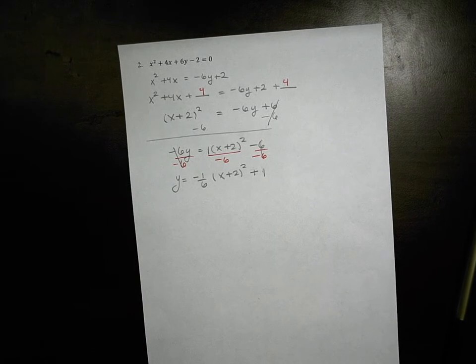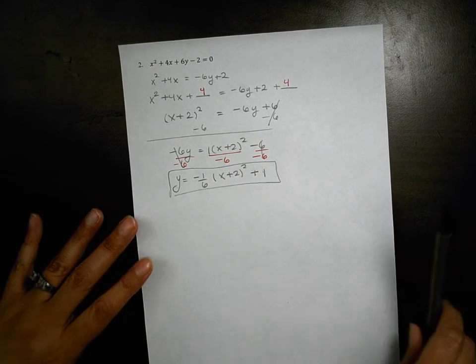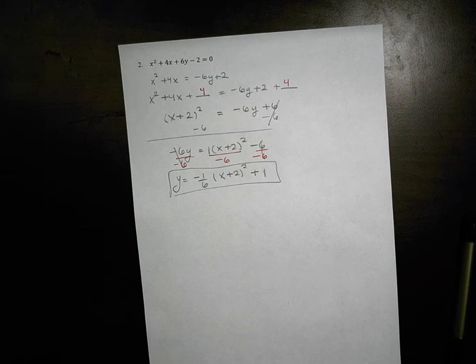And this is what I'm going to use to graph and find all of my bits and pieces. So does everyone see how I got the 1 divided by -6 to come out as a -1/6 as an a value? Okay. Questions? All right.